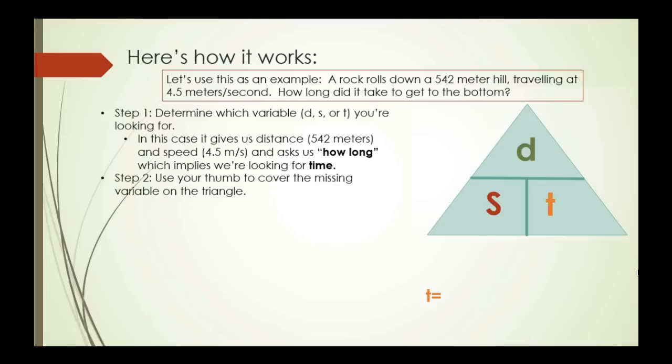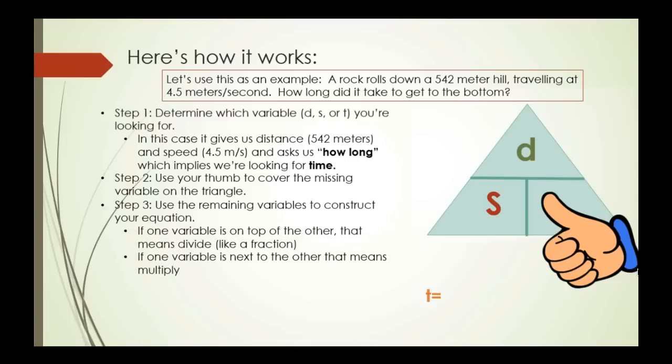Step 2. Use your thumb to cover the missing variable on the triangle. Okay, let me do that again. Okay, your thumb needs to cover the variable that you're looking for. Boom! Okay, so now we're left with D and S. Now, step 3, use the remaining variables to construct your equation.